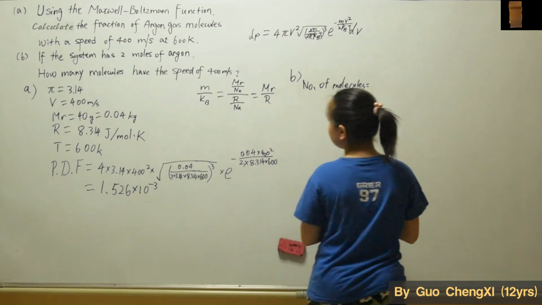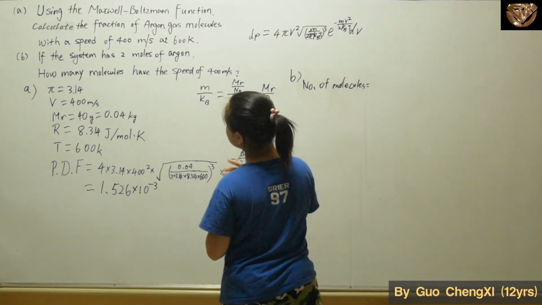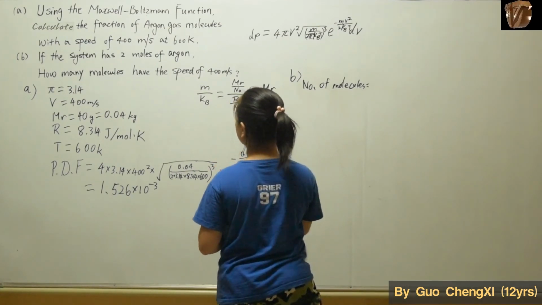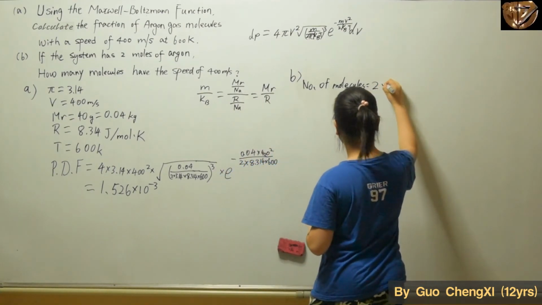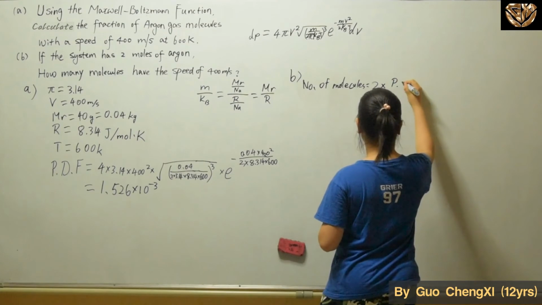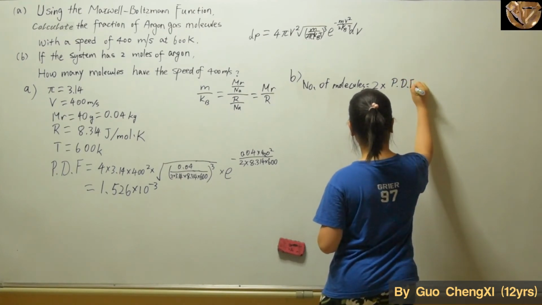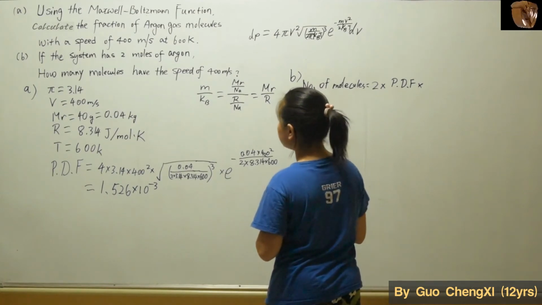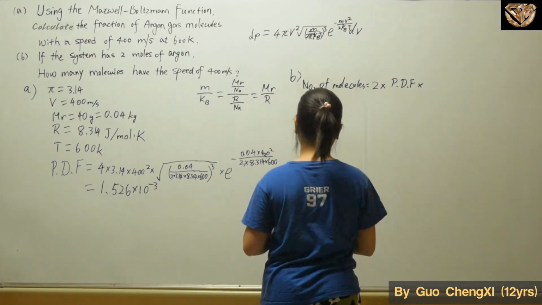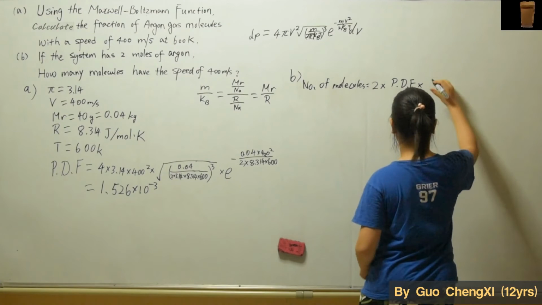So for this part, it's the same. Now let's see, what's the difference? So the difference is that over here it has 2 moles of argon. So we need 2 times the PDF. Then after that, because you're finding the molecules, you also have to times the Avogadro's number.